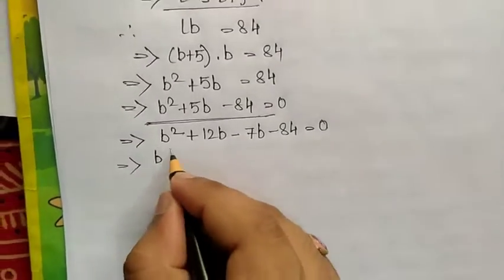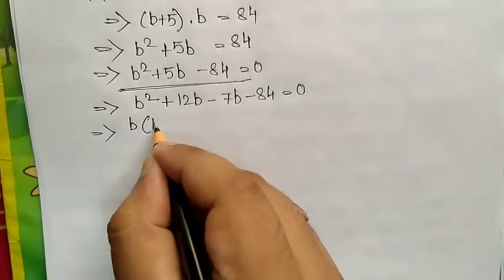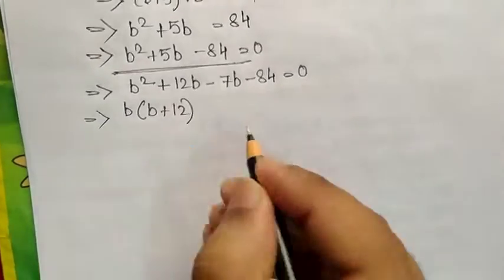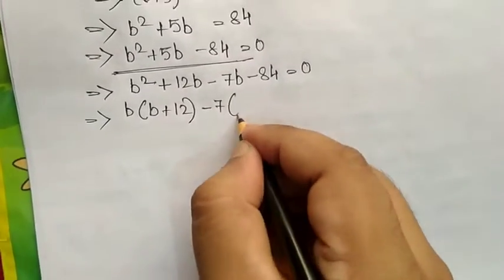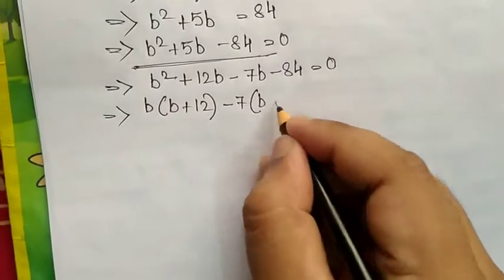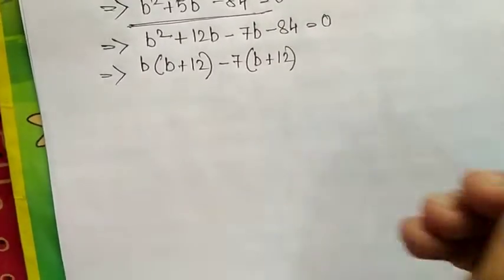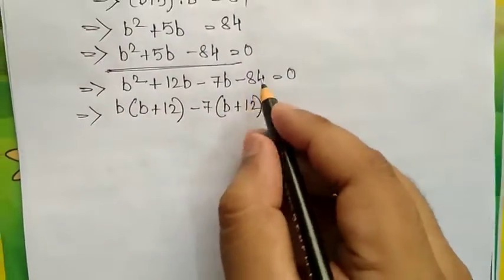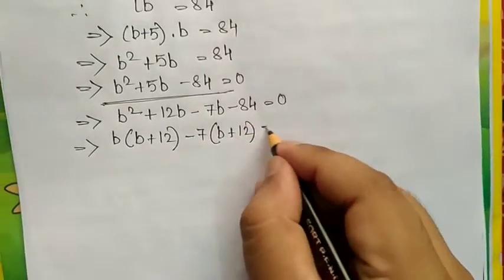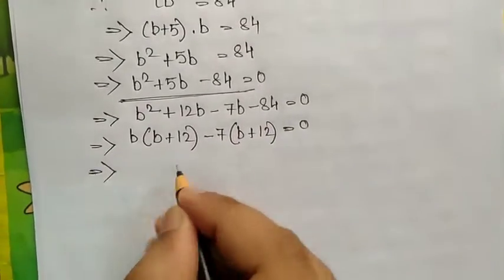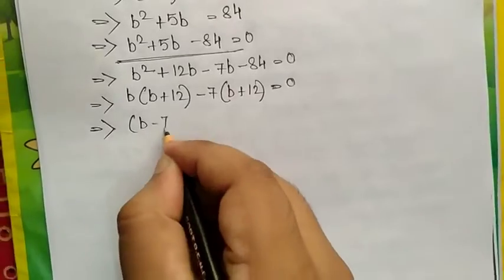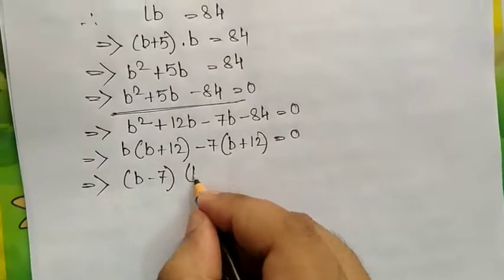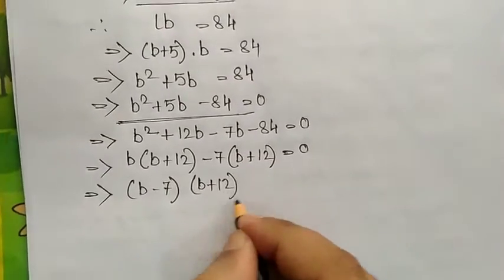From taking common from these two, we get b plus 12 and it should be minus 7. So we get b plus 12 equal to 0. So b minus 7 and b plus 12 equal to 0.